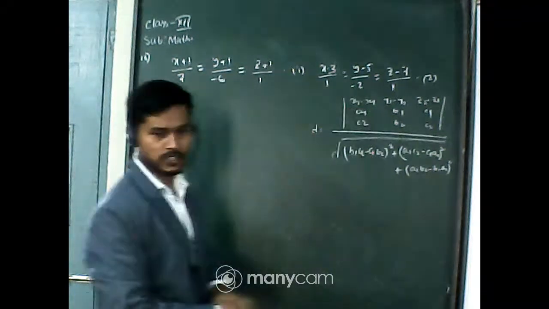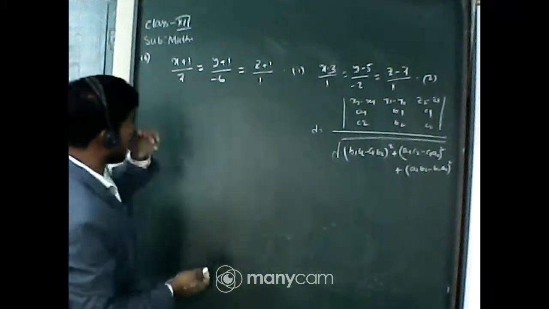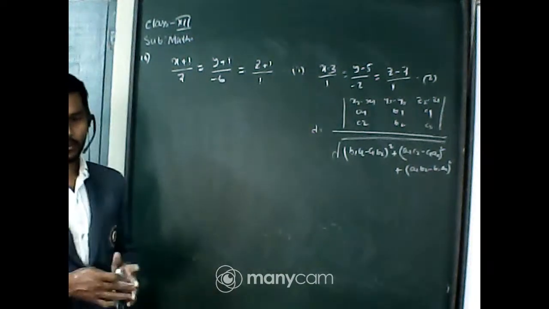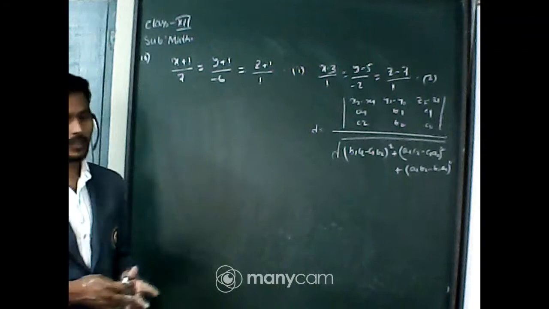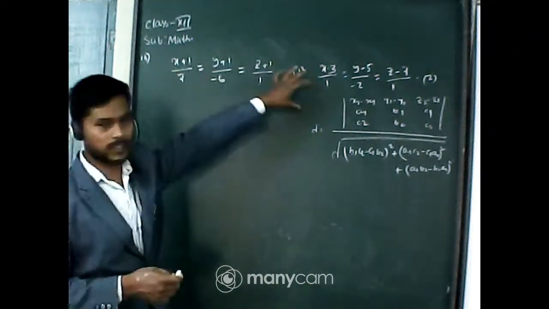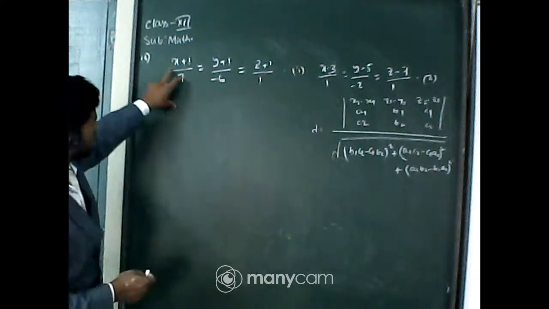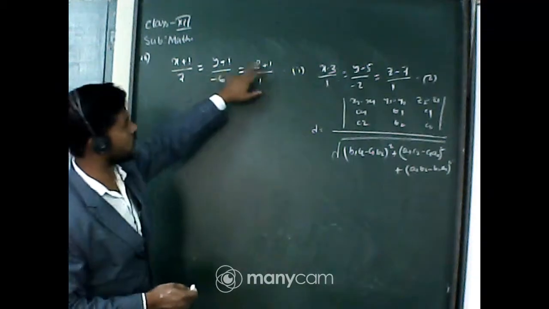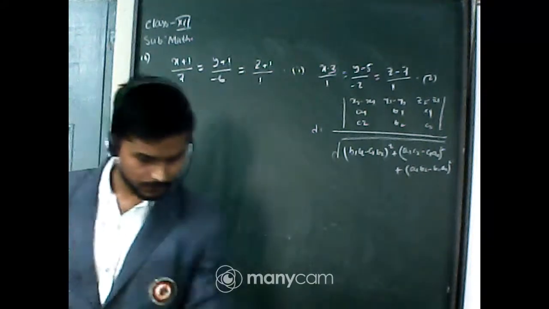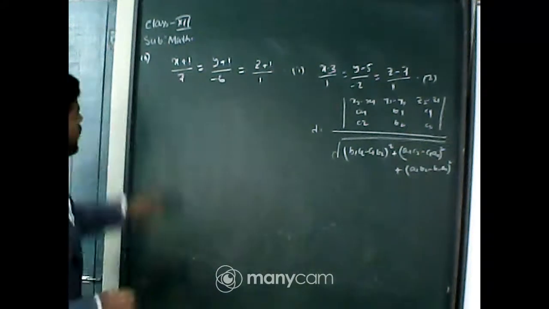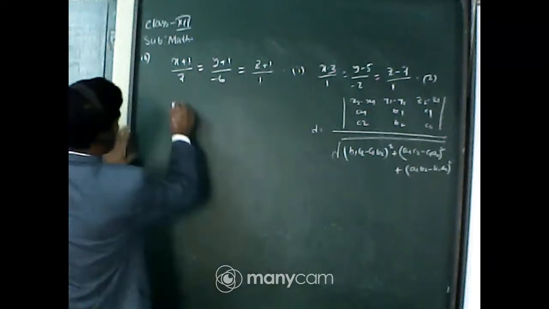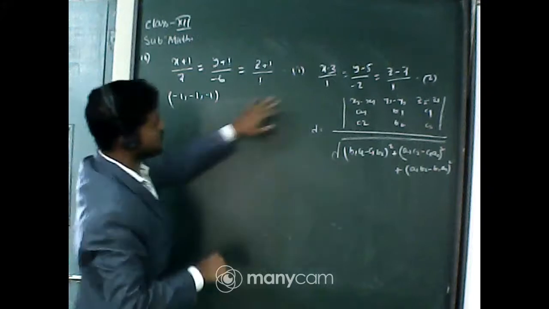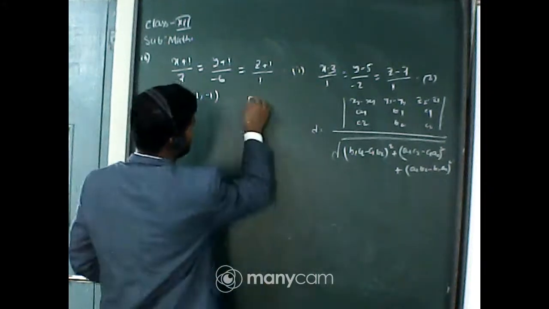Now here, what are x1, y1, z1 and x2, y2, z2? They are points on the first line and the second line. The first equation contains the point (-1, -1, -1), so x1, y1, z1 is (-1, -1, -1), and the second equation contains the point (3, 5, 7).